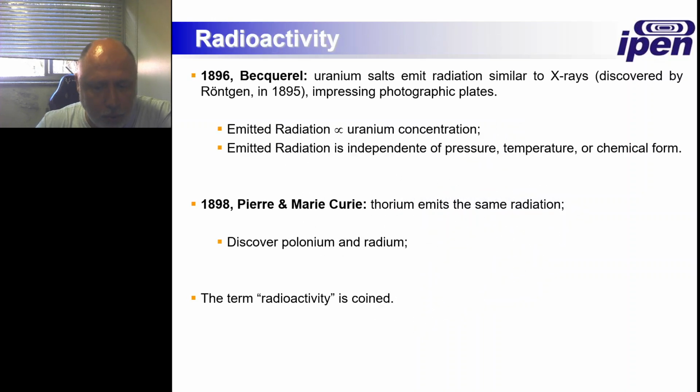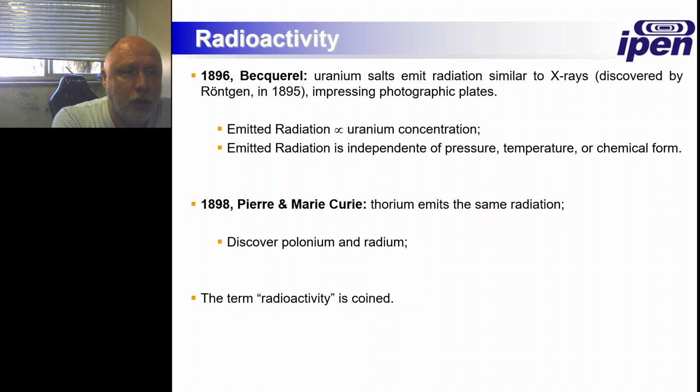So, a bit of history again. In 1896, Becquerel noticed that uranium salts emit radiation similar to X-rays, which were discovered by Röntgen the previous year, impressing photographic plates. And he noticed one other thing.